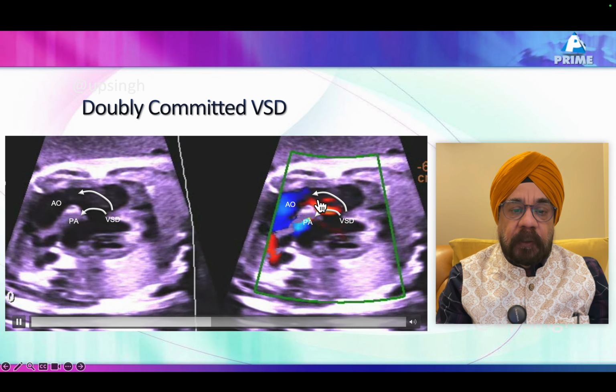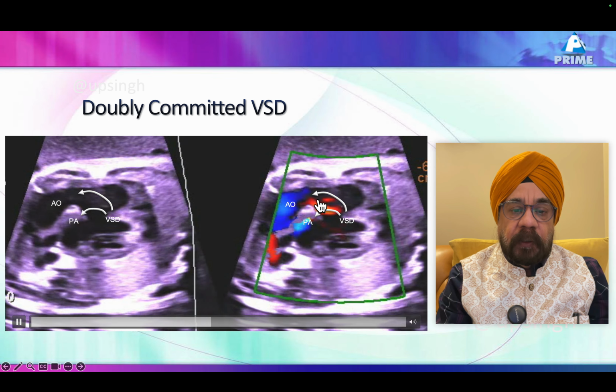Let's go to another type, that is DTGA, or malposed great arteries, TGA type. So this is the subpulmonary VSD. You see this is the pulmonary artery, this is an aorta, coming from the right ventricle, arching up and forming a reverse boomerang sign, and this is a TGA type of DORV.